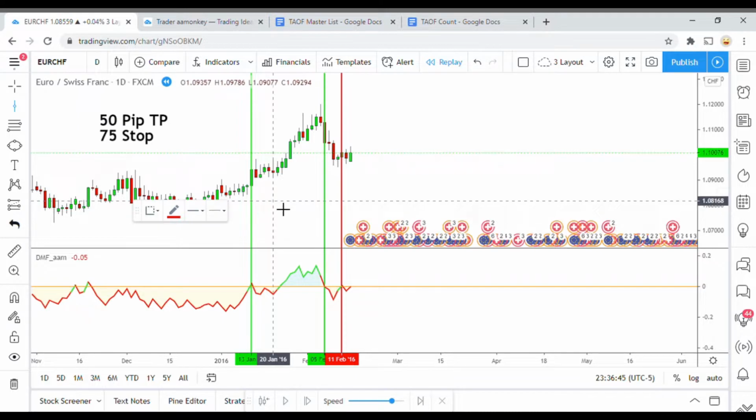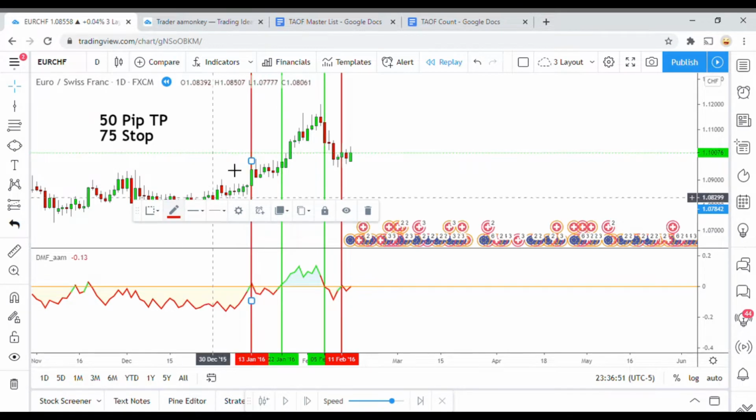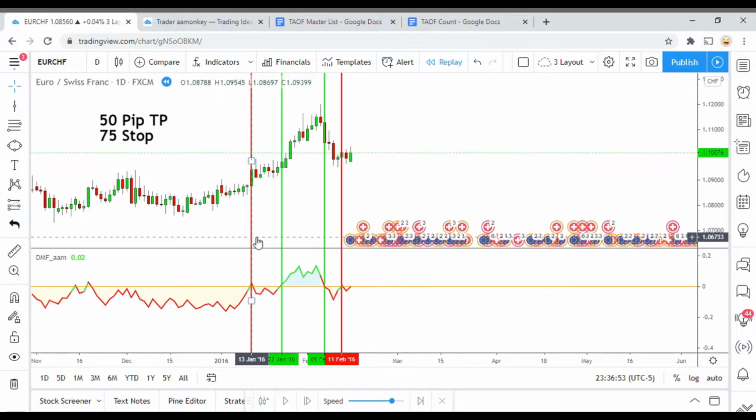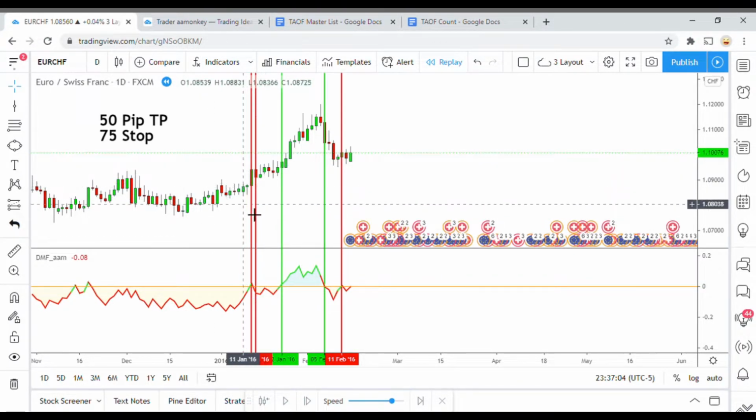This first signal here would have actually been a losing trade, because it threw the long signal and then immediately dropped back down for a short signal here, which ends up losing out as well. And then we pick up the long over here, and that one finally takes off, getting us into profit. This one's good.